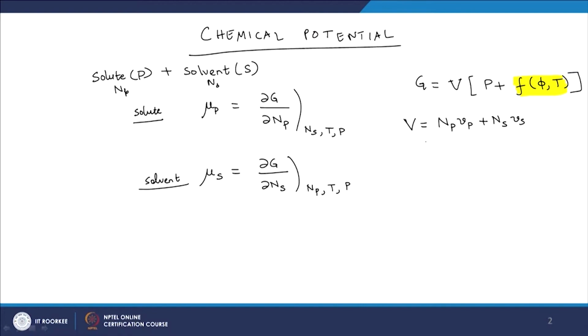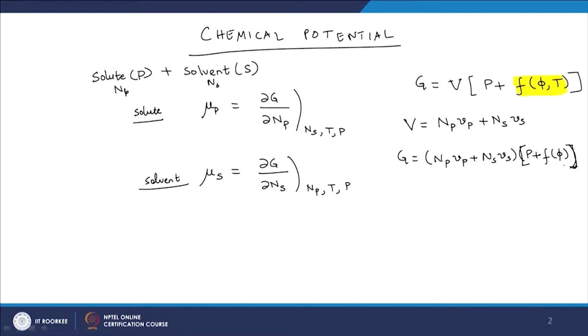So, if I plug in this value of V in the G, what we get is... and again for simplicity I am working with a constant T, but the idea is very general, it will apply to even a variable temperature.